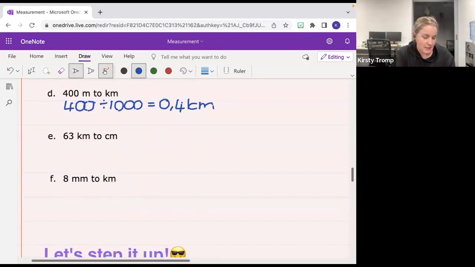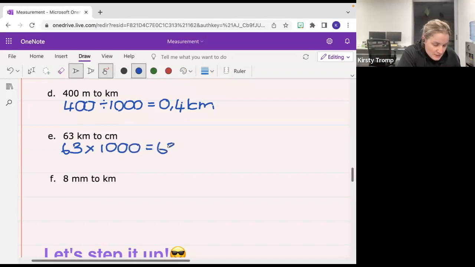Okay, moving to E. So last two, have a look at E and F for me. For E, we're going from kilometers to centimeters. So again, I know how to get from kilometers to meters. Kilometers to centimeters, I'm going to have to take a few steps here. So to get from kilometers to meters, what do I need to do? I need to multiply that by 1,000.